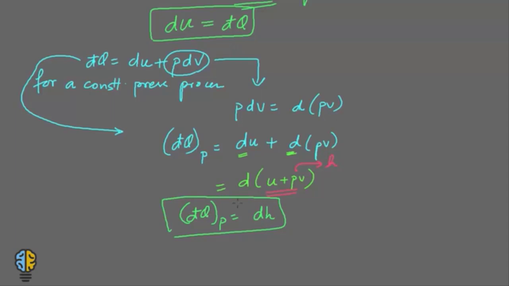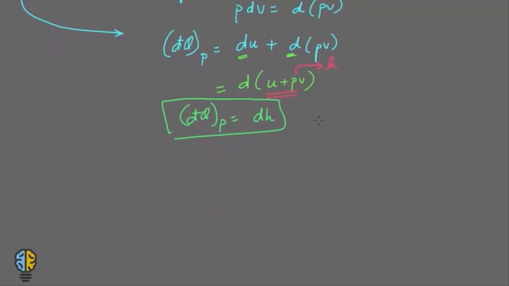Okay, so this is what this relation tells us mathematically, and in words we can say that the heat transferred at constant pressure increases the enthalpy of the system.